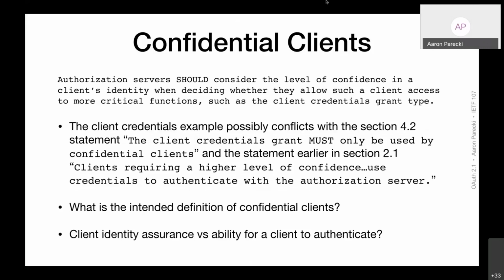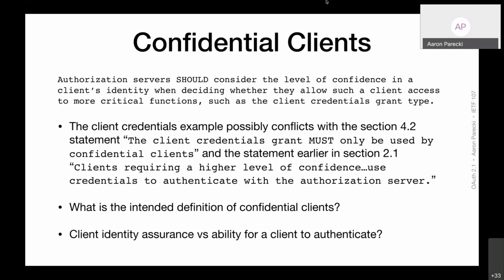So the sentence at the top is a requirement for authorization servers to consider the confidence in the client's identity when deciding whether it can use things like the client credentials grant type, which is a statement about the client's identity rather than just whether or not it can authenticate.